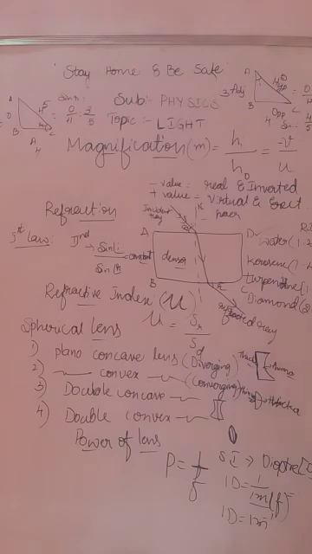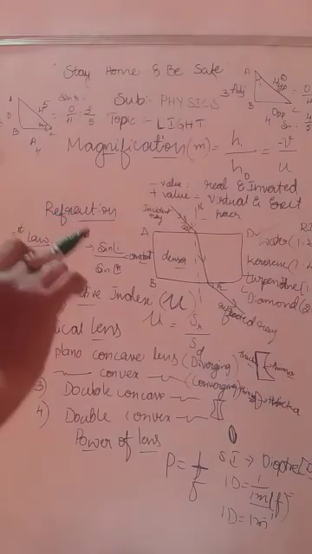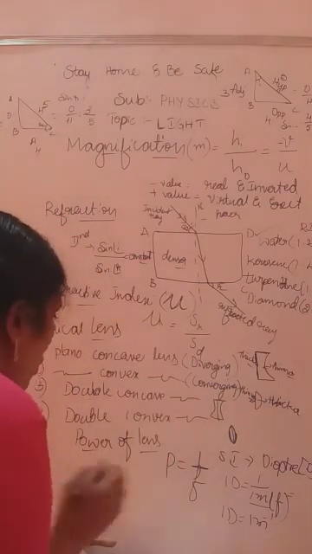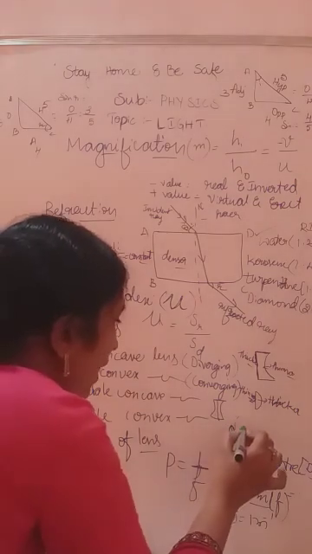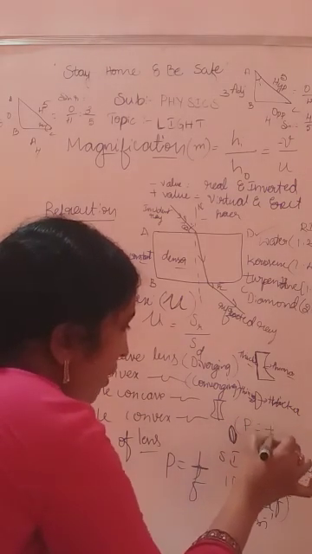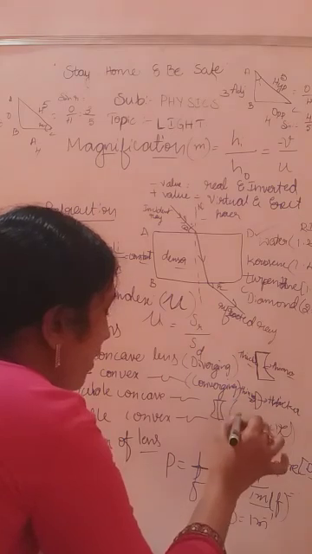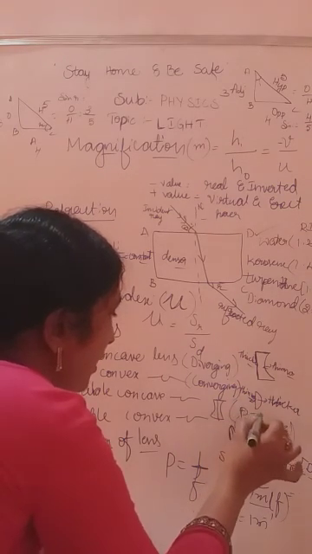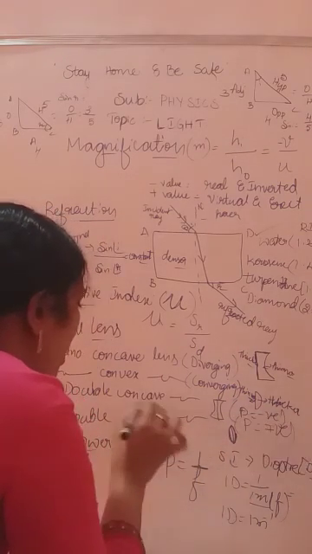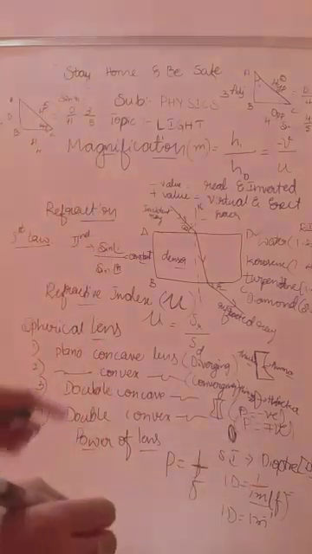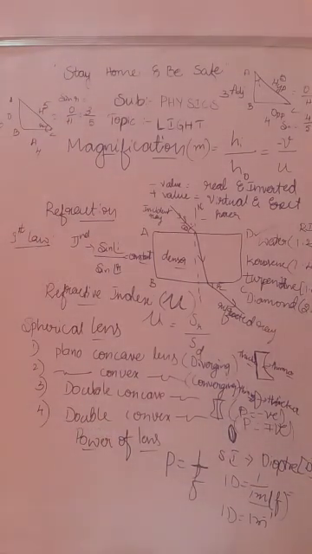So here also we can guess that the power of the convex lens should always be positive and the power of the concave lens should be negative. The power of the convex lens is positive, and the power of the concave lens is negative. That thing you have to keep in mind.